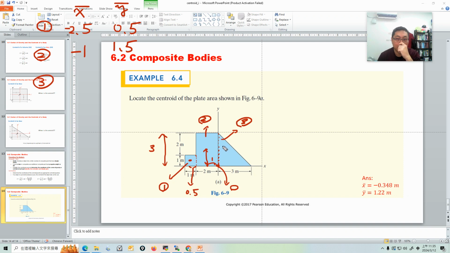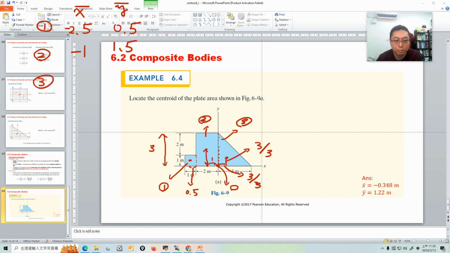Area 3 is a right triangle. What's the centroid of a right triangle? I think it is here, and this must be 3 over 3. Remember the formula.